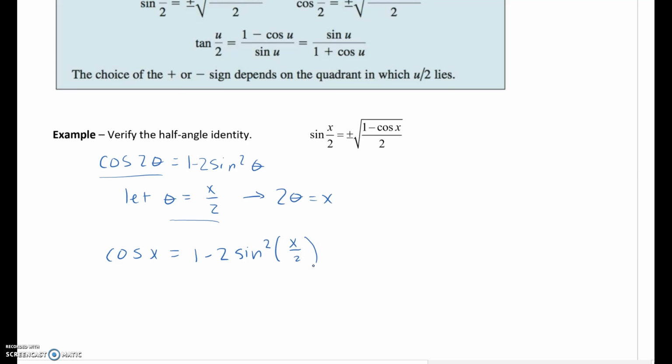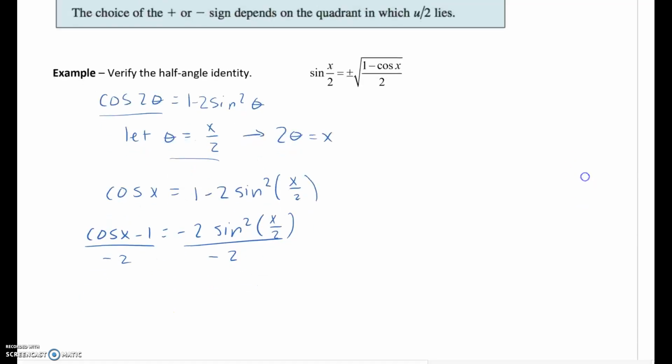We're trying to get sine x over 2, right? So we're going to solve for sine. So to do that, you're going to move: cosine of x minus 1 equals negative 2 sine squared x over 2. Divide both sides by negative 2 because we're trying to get sine squared by itself.